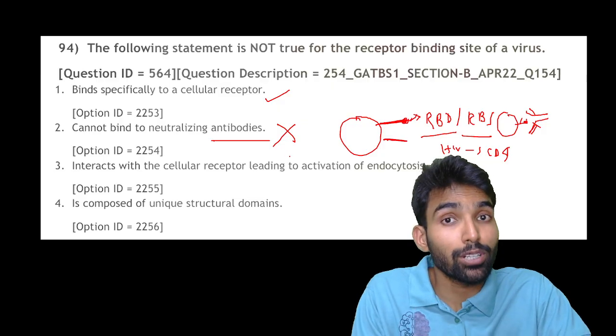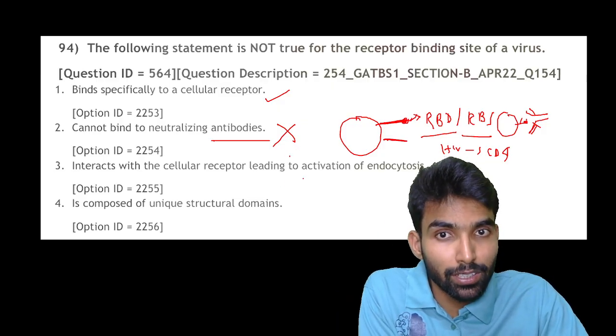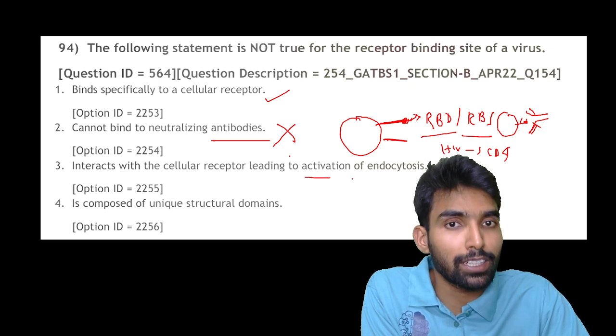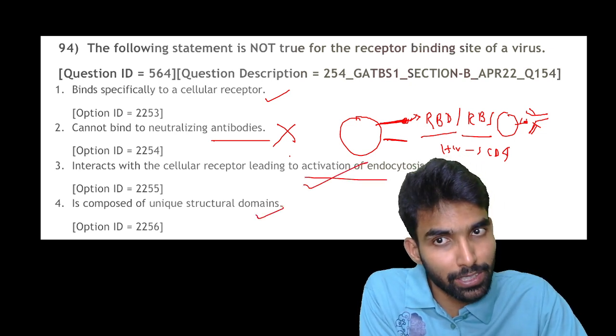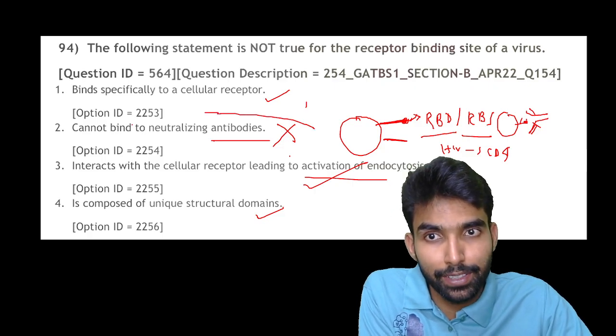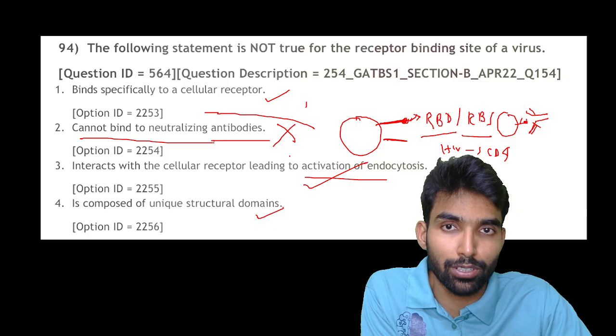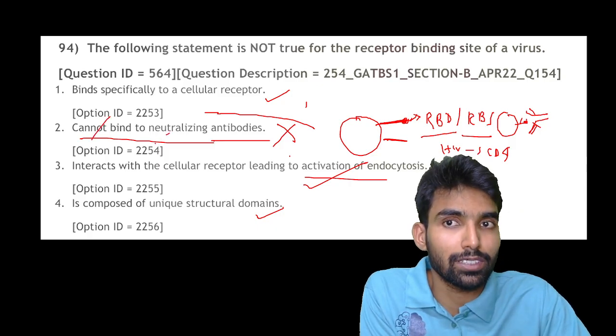The neutralizing antibody will bind with the receptor binding site. Interaction of cellular receptor leading to activation of endocytosis, of course it's true. It's composed of unique structural domain, also true. So the correct option will be cannot bind to the neutralizing antibody. It can bind to the neutralizing antibody. Got it?